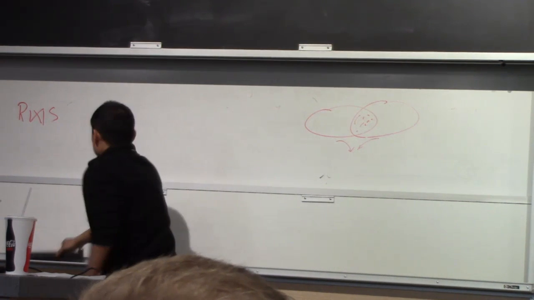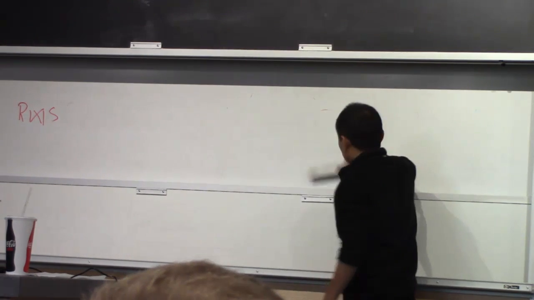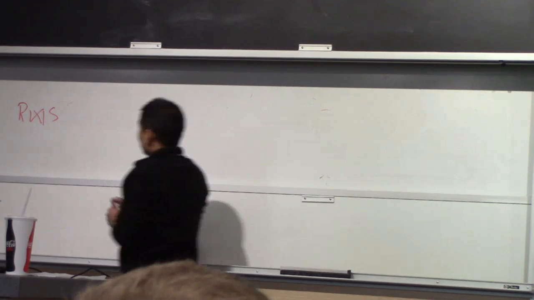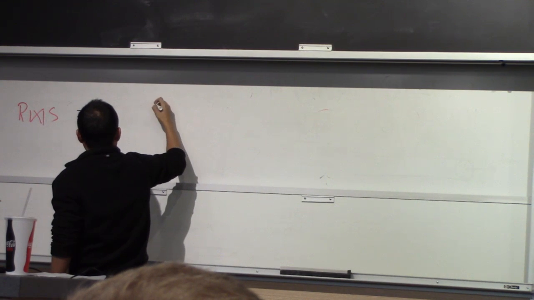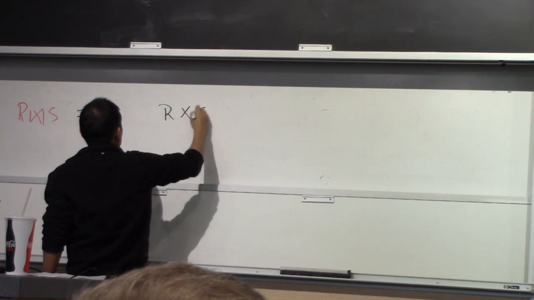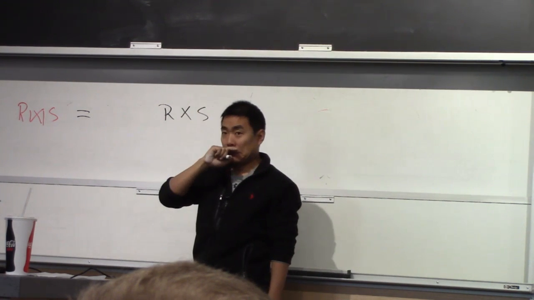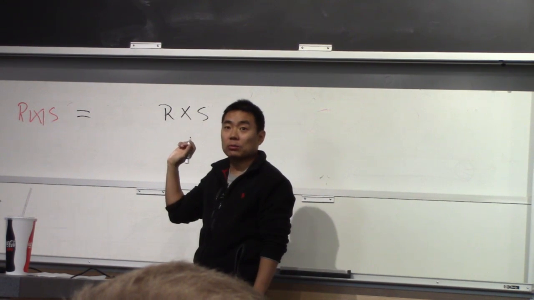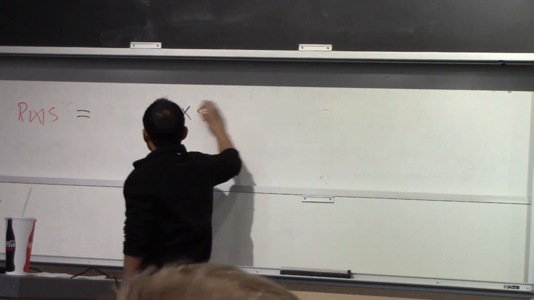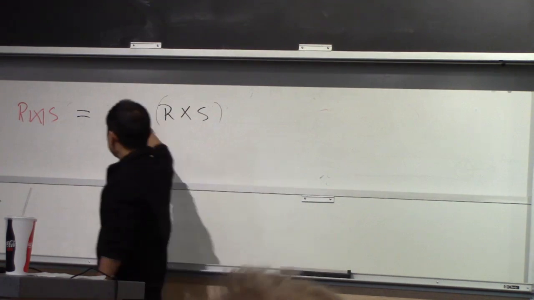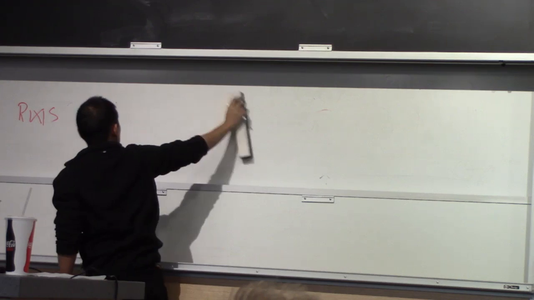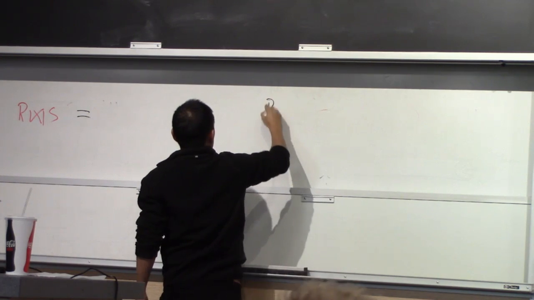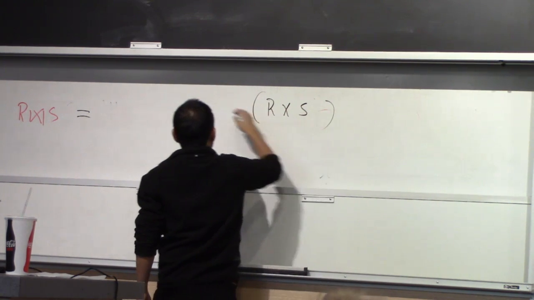All right. So R natural join S. What does it mean? I'm going to express this using, first of all, R cross S. You find the cross product. And then you do a selection.